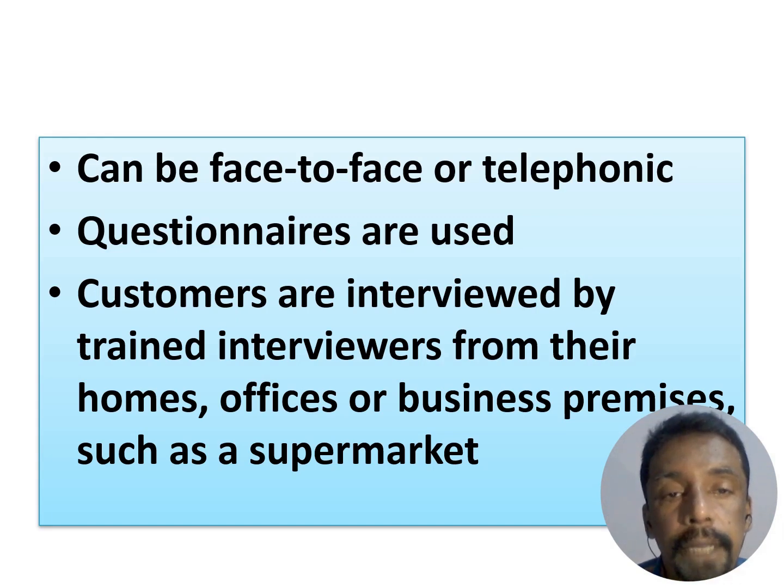So interviews can be face-to-face or telephonic. Questionnaires are used. A questionnaire is a document that contains questions to be asked to the customer. Customers are interviewed by trained interviewers from their homes, offices, or business premises such as a supermarket.